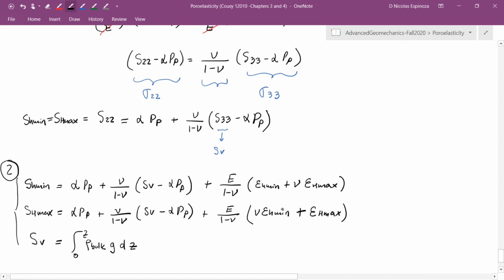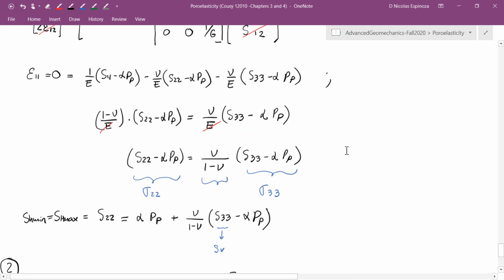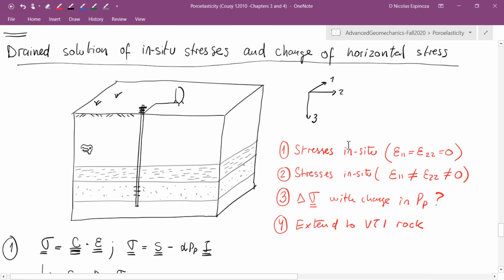All right, so we have now solved problem number 2. Before going into the extension to anisotropy, let's solve problem number 3. And this is a very interesting problem. In problem number 3 now, what we're going to do is calculate the stresses caused by a change of pore pressure only in this formation.